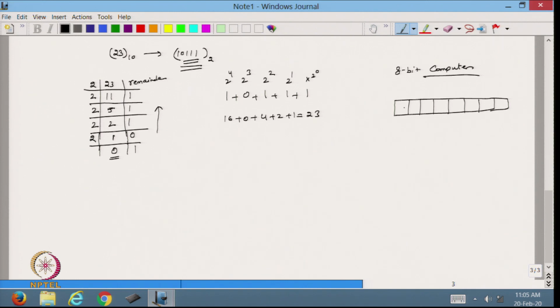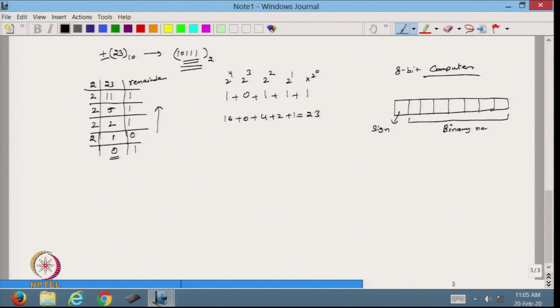In this case the first bit I will generally use for the sign, that is whether this number is positive or negative. That is the sign, and the remaining part will be for the binary number.